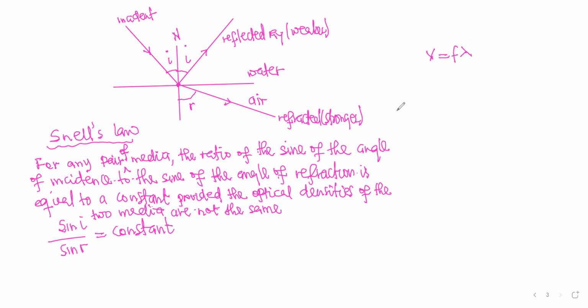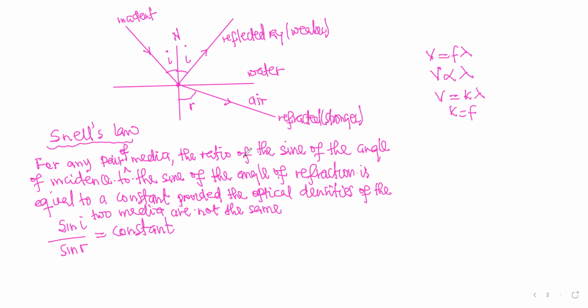I just wrote this to let you know that since V is directly proportional to lambda, when we introduce an equal sign, we have V equals K lambda, where K is the frequency. Frequency is just a constant. So that is why the frequency of light does not change from one medium into another, but its speed and the wavelength change.